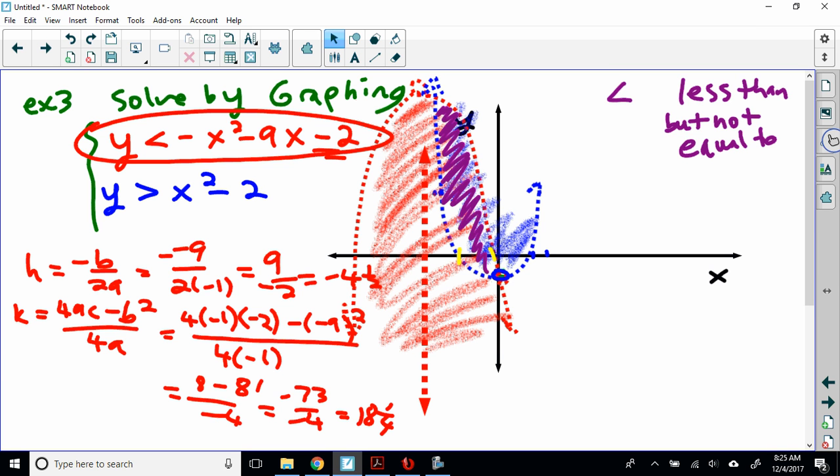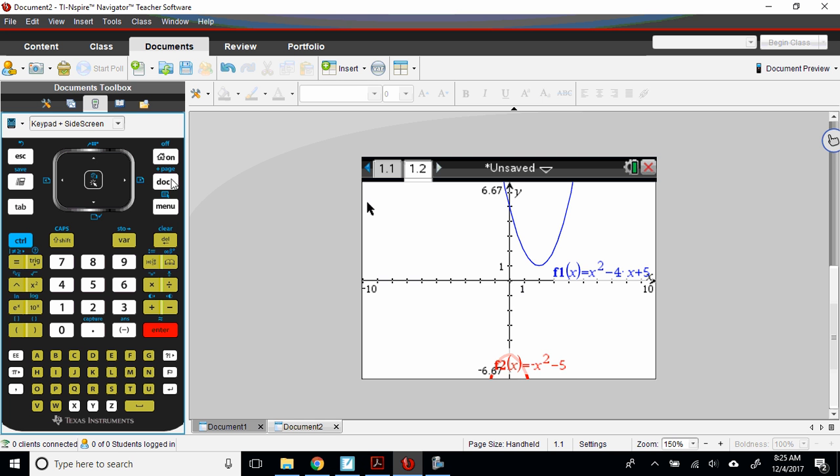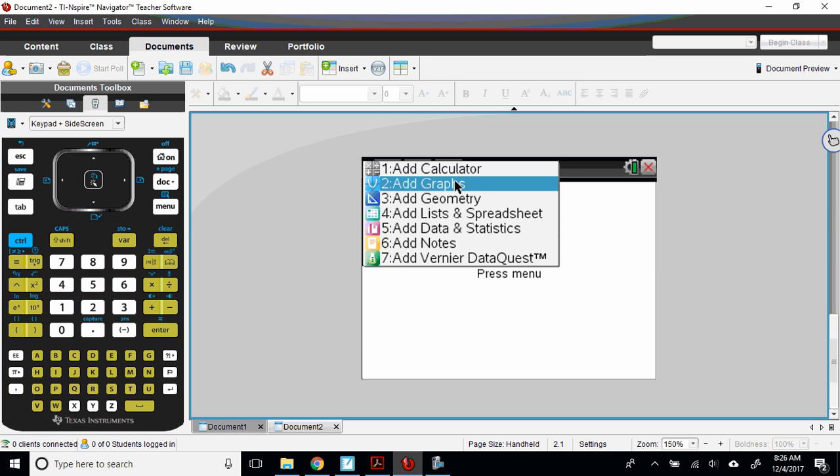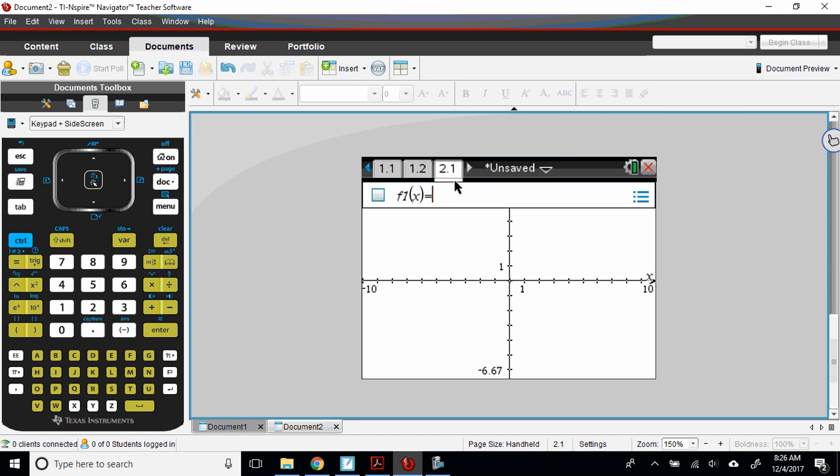So this is where the TI-Nspire could be of assistance. On the TI-Nspire, I'm going to insert a new problem and a new graph. Watch what happens when I back up from the equal sign. There it is: y is less than negative x squared minus 9x minus 2.